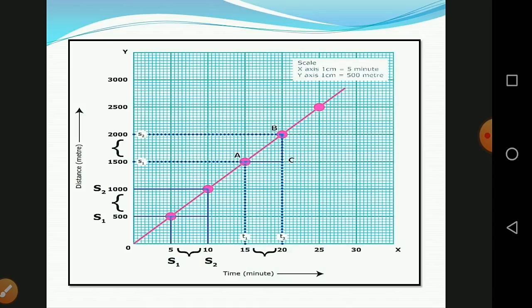The slope of the straight line is BC divided by AC. BC covers 500 meters, and AC is 5 minutes. So 500 divided by 5 is equal to 100 meters per minute.